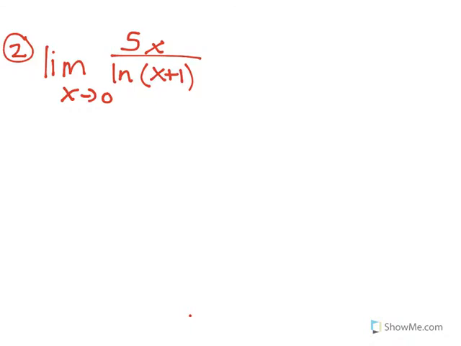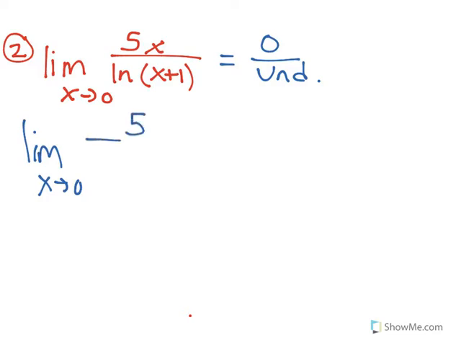I fill in 0. I have 0 over undefined. So this is a L'Hopital-able problem. So I'll fill it in, the limit as x approaches 0. Derivative of 5x is 5. Derivative of ln of x plus 1 is 1 over x plus 1 times the derivative of the inside of this, which is 1.